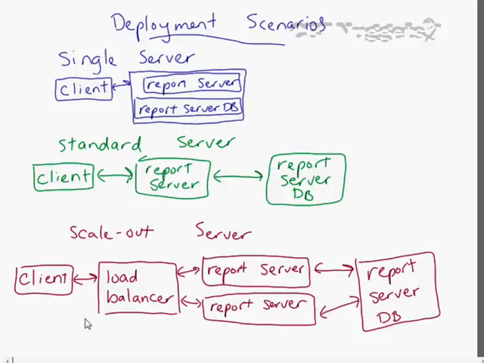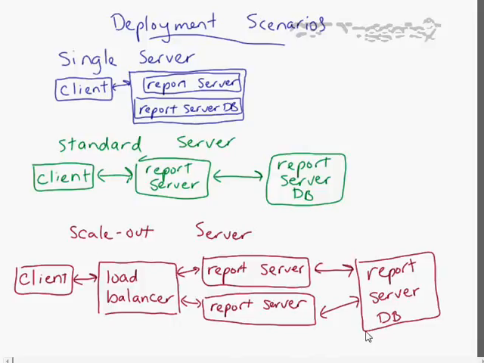So you'll have that client talk to a machine that contains a load balancer, and then that in turn talks to two or more report servers. So this is what we call the scale-out server. And then those numerous report servers, we call them nodes, then talk to the report server database. We'll go into much greater detail on scale-out scenarios in a later nugget.